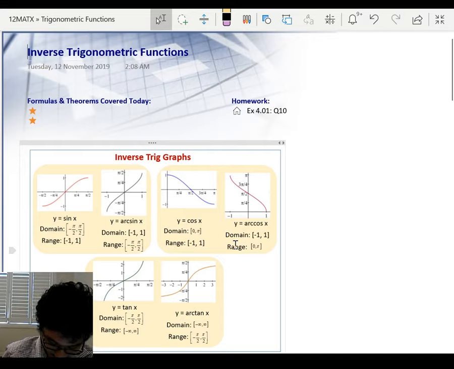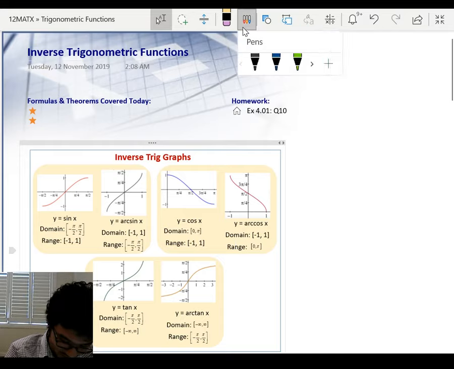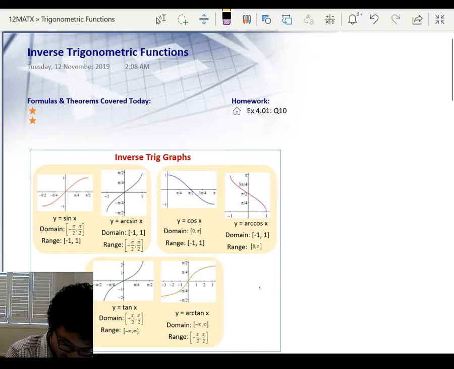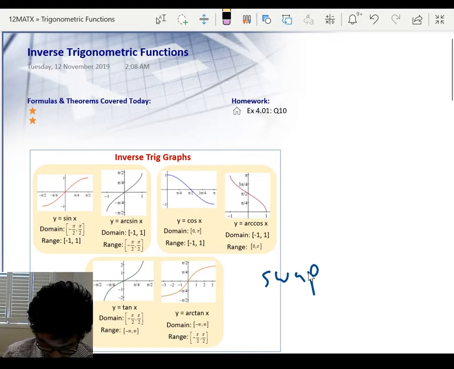Remember, when you take the inverse, we're going to swap the domain and ranges. And so with our inverse tan function, now the domain will go from -infinity to infinity, right? So that's all well and good.